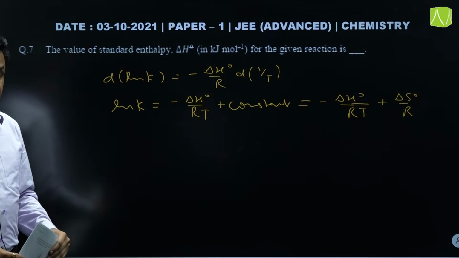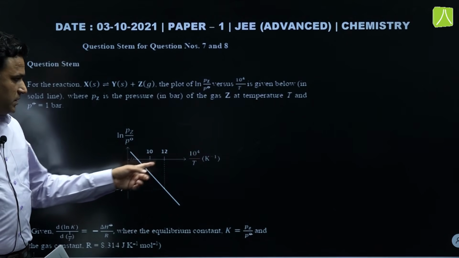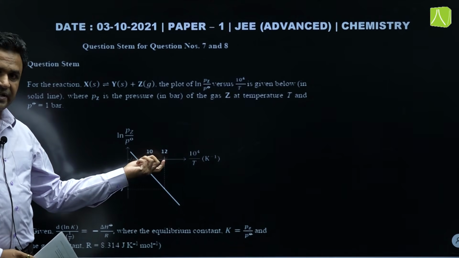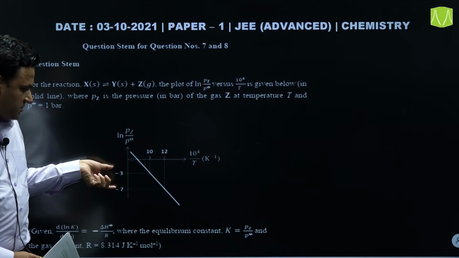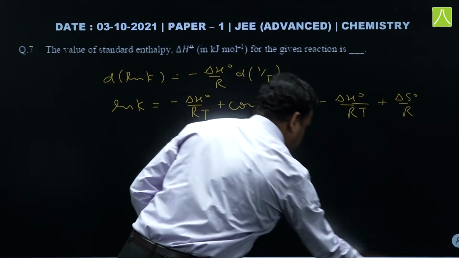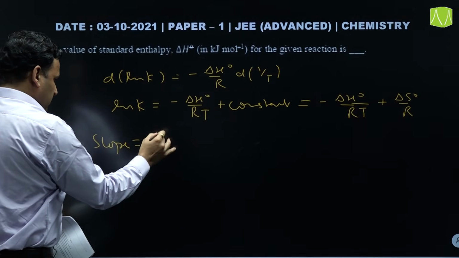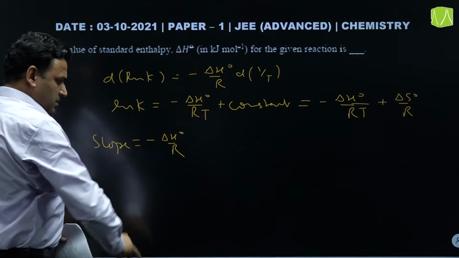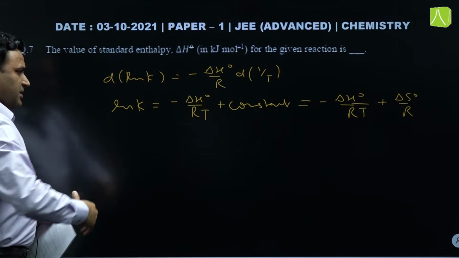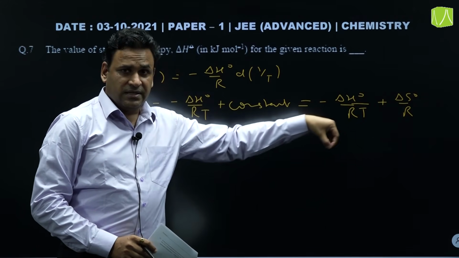Now, from the graph, we have to calculate the slope. The slope of this straight line, that is delta y upon delta x, is going to be, this is 4 units and this is 2 units only. We can read that the slope is equal to minus delta H naught upon R. But we have to do one modification, since the graph is plotted between ln k and on the x axis we have taken 10 to the power 4 upon T as the x coordinate.